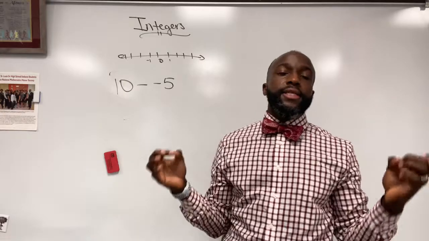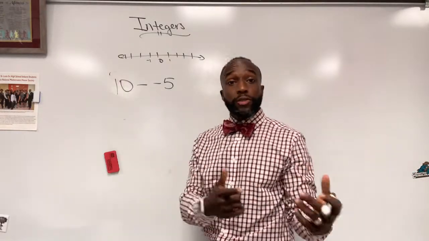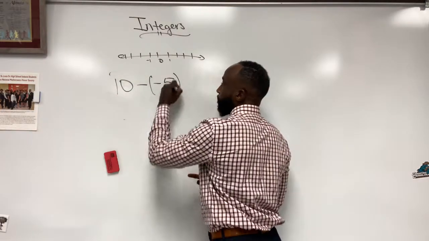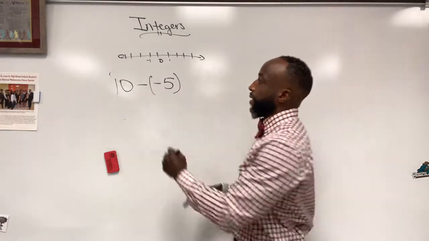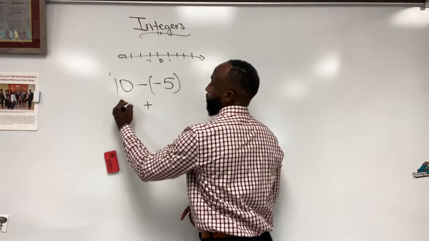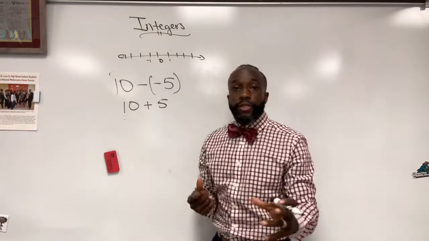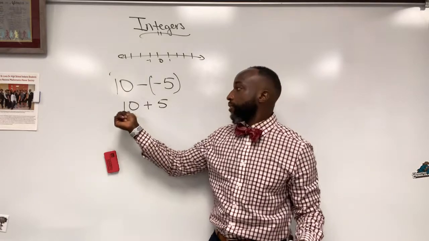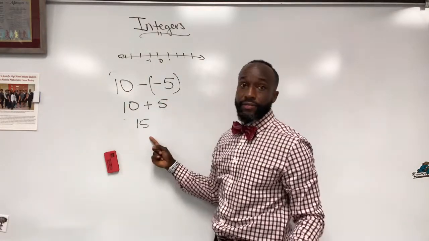Double signs segue into multiplying and dividing integers. With this double negative, this becomes plus, so it's 10 plus 5. A rule of thumb is to change the sign before you do the math. So 10 plus 5 is 15, and 10 minus -5 is positive 15.